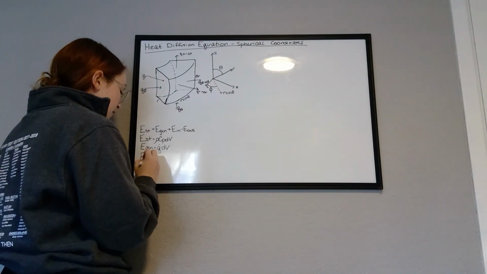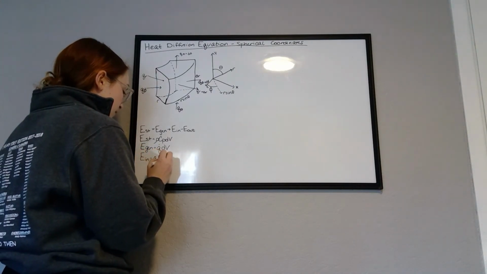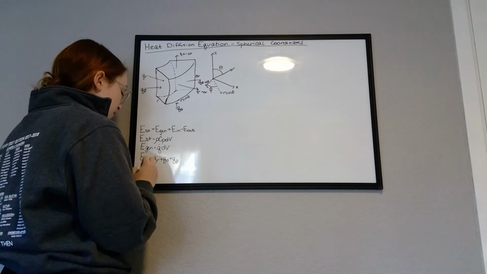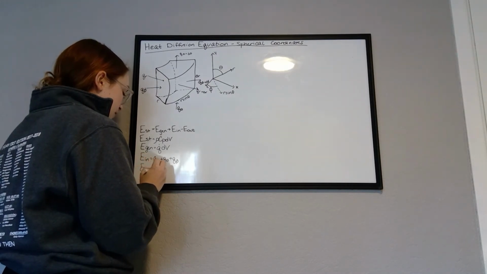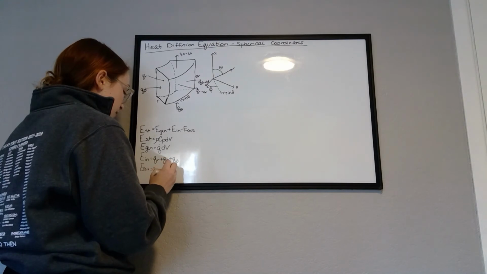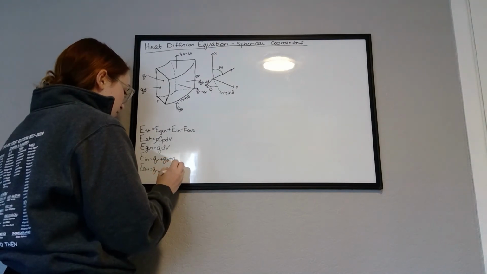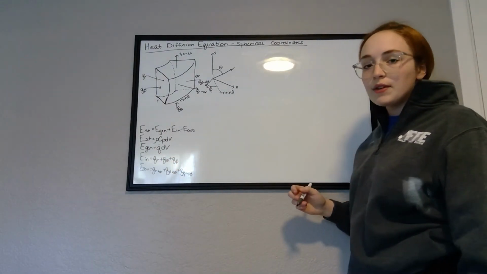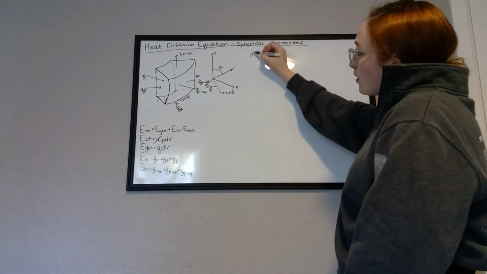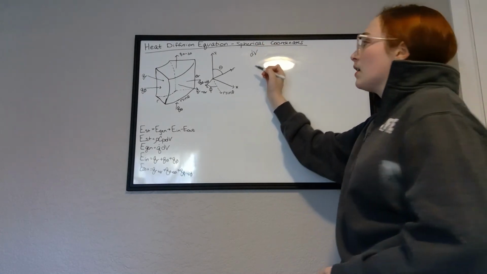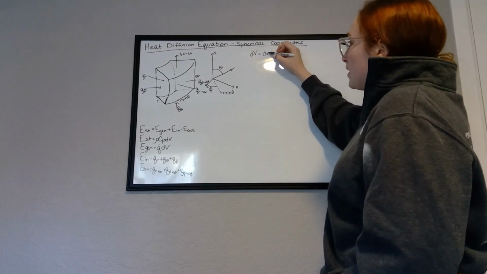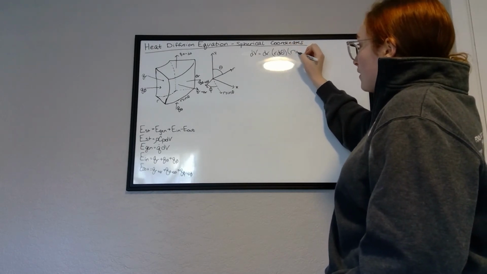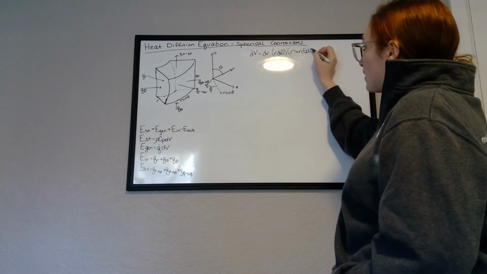E in is the flow in the r plus the flow in the theta plus the flow in the phi, and E out is equal to the flow in the r plus dr plus the flow in the theta plus d theta plus the flow in the phi plus d phi. As mentioned previously, the volume is not just r theta phi, it's dr, r d theta, and r sine theta d phi.